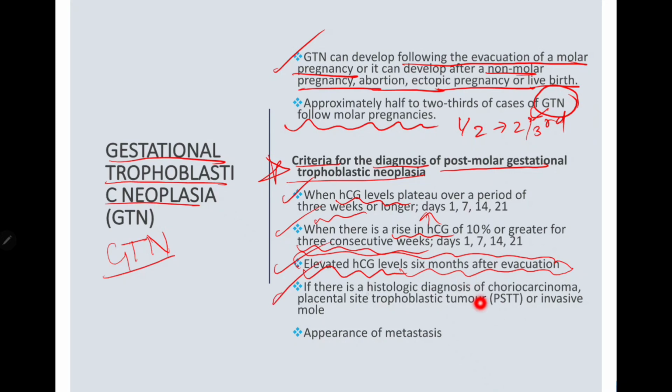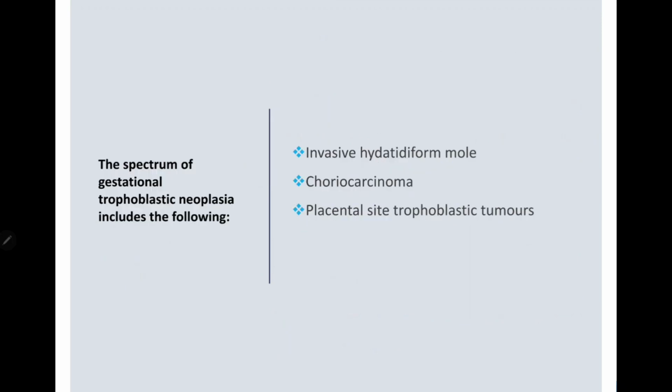And if there is histologic diagnosis of choriocarcinoma, placental site trophoblastic tumor, or invasive mole, or appearance of metastasis, all these are criteria to diagnose post-molar GTN. So the spectrum of GTN includes the following.